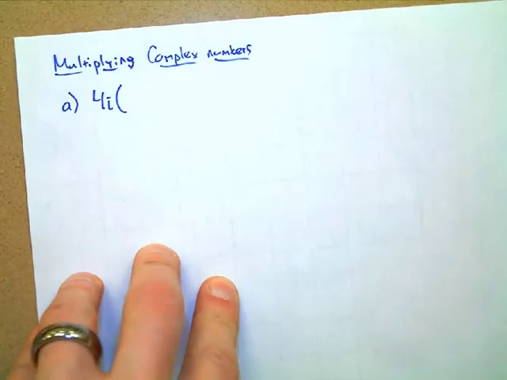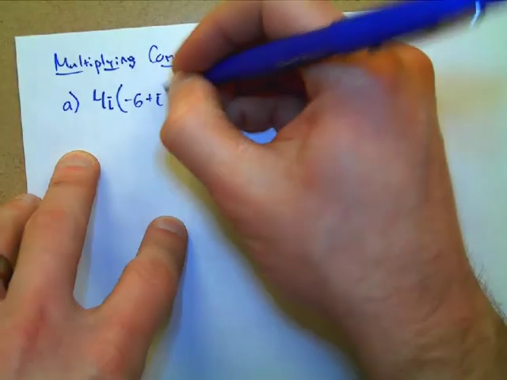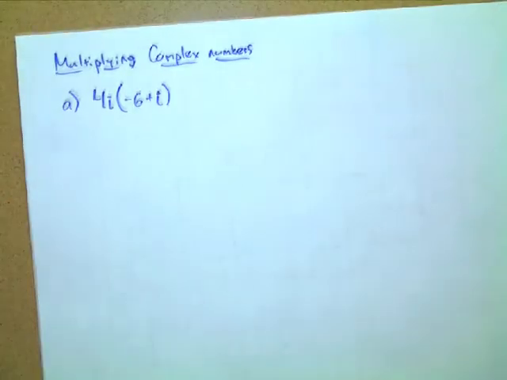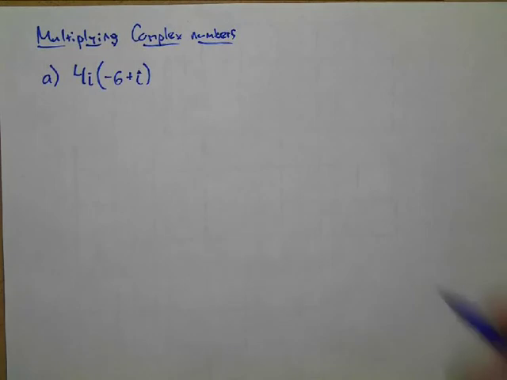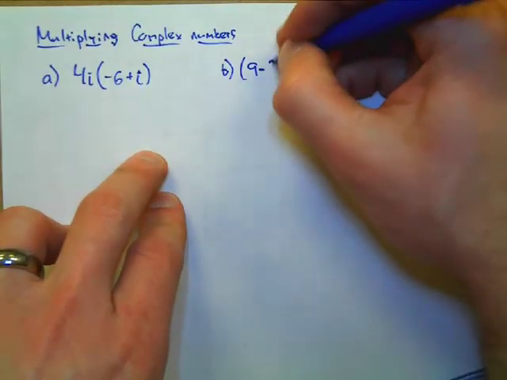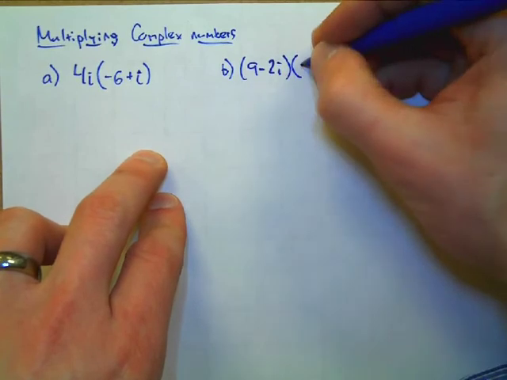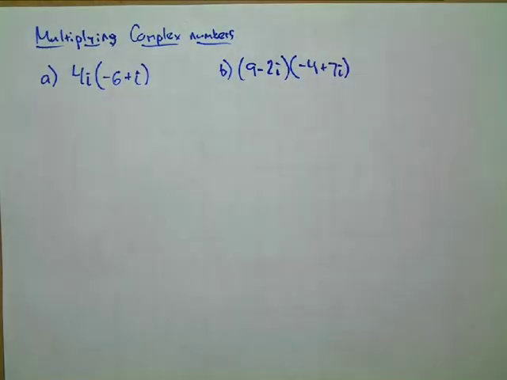I'll do a simpler one and then the trickier one, the multiplication stuff here. I'll write them both out. Again, I'm going to give you the opportunity to go out on your own here.